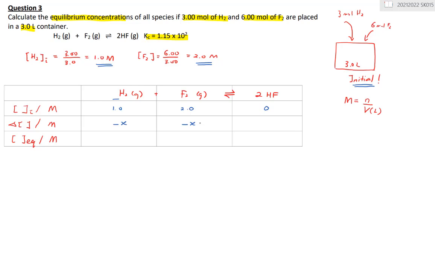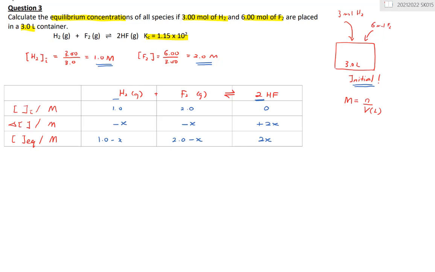Hydrogen fluoride is your product, so product will increase over time, so we have a positive sign, meaning your concentration will increase with time. And that is the stoichiometric coefficient of 2. Therefore, you're going to add 2x. So over here, you just need to add them up together. 1.0 add negative x, you will have 1.0 minus x. For fluorine, 2.0 minus x. And for HF equals 2x.